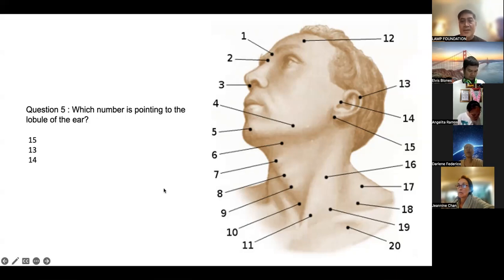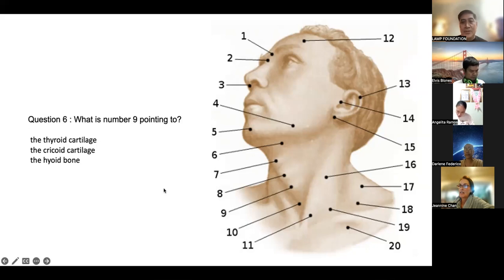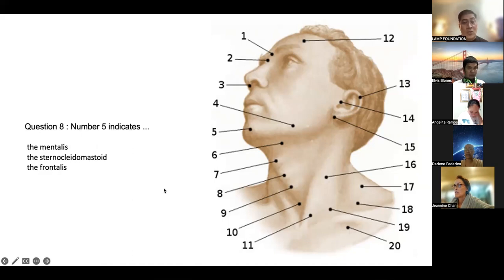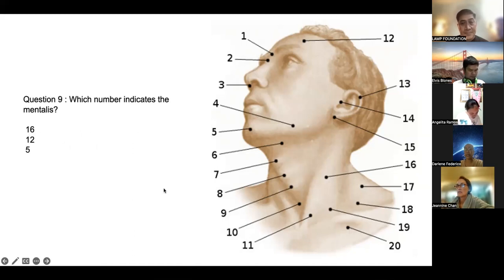Which number is pointing to the lobule of the ear? Very easy. Number 15. What is number 9 pointing to? Cricoid cartilage. Great. The helix is indicated by number what? 13. The number 5 indicates what? Mentalis. Which number indicates the mentalis?